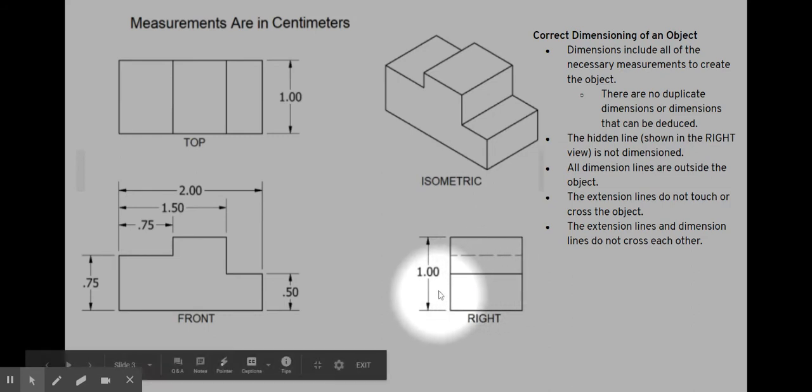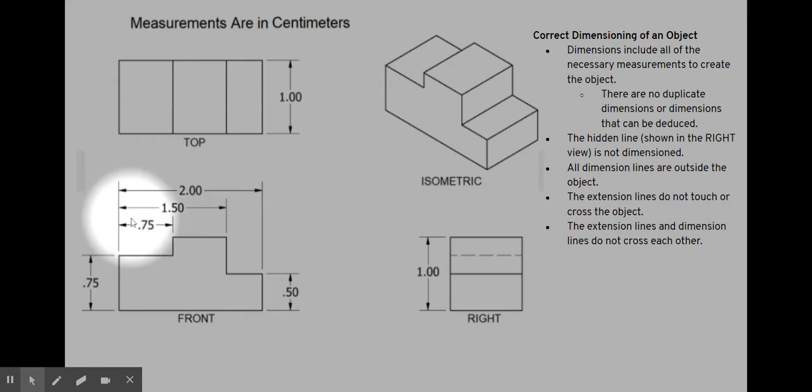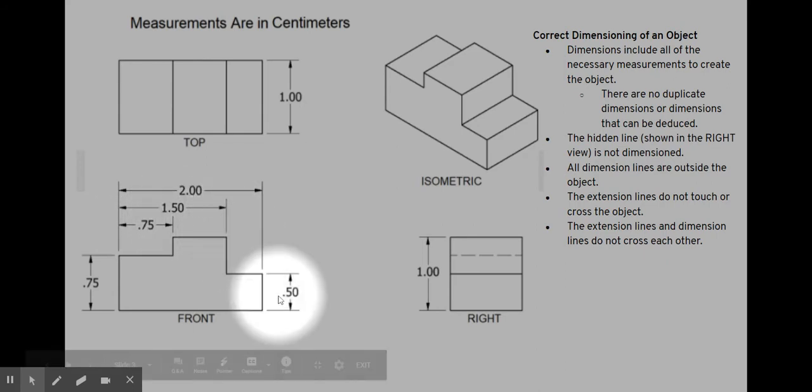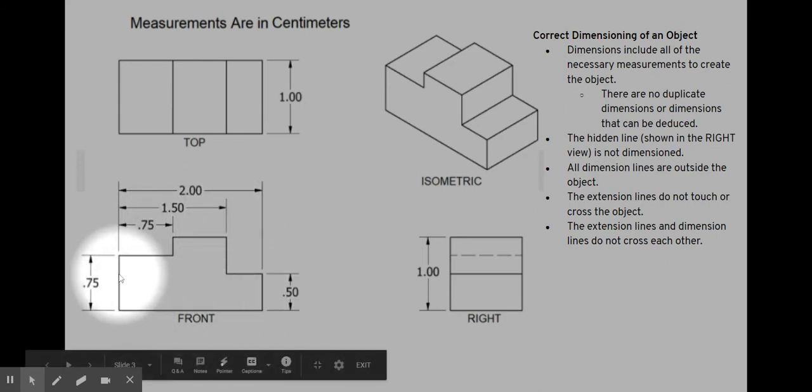The right view normally shows us the height of the object. So normally this shows us the height. The front sort of gives us the width or the length. It depends on which way you're looking at it, but the width. Now, there are a couple of heights on here just because they don't show up real well here.